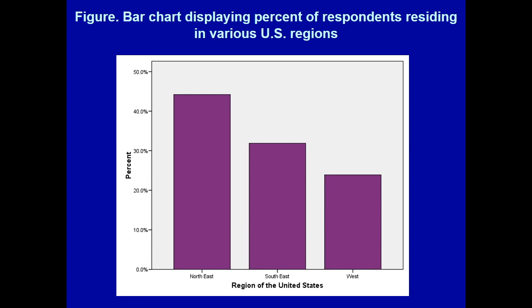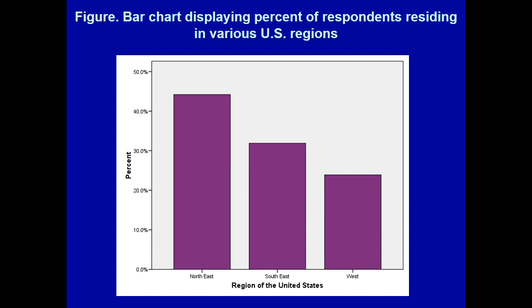We have an example of a bar chart presenting a percentage of respondents residing in various U.S. regions. On the bottom, we have 3 regions of the U.S. listed. We have the Northeast, Southeast, and West. It's not super descriptive in my opinion, but it's what we've got. And then in the percentage, we have 0 at the very bottom on the y-axis going up to 50%.